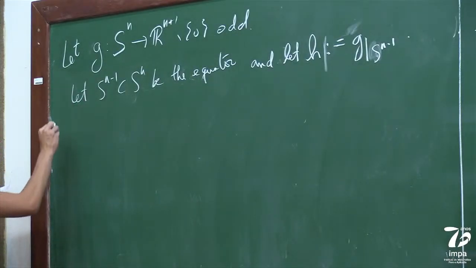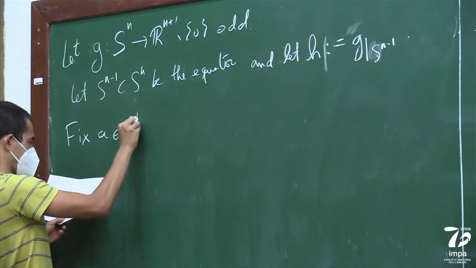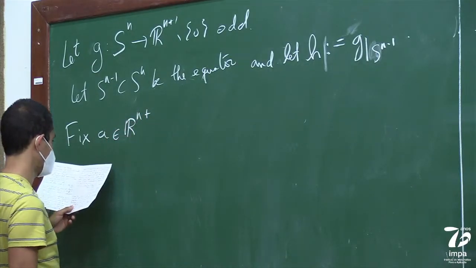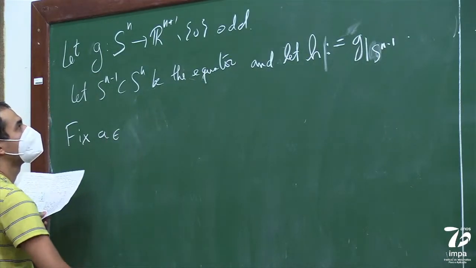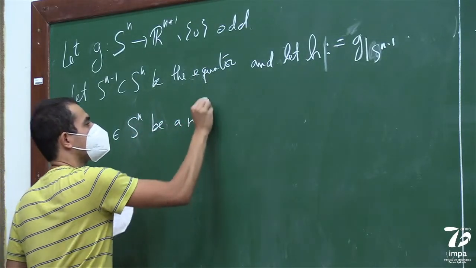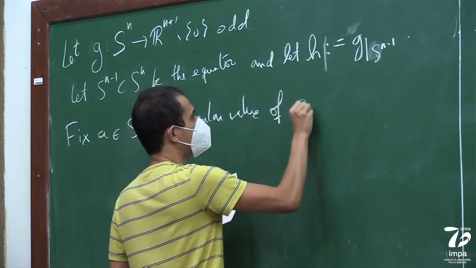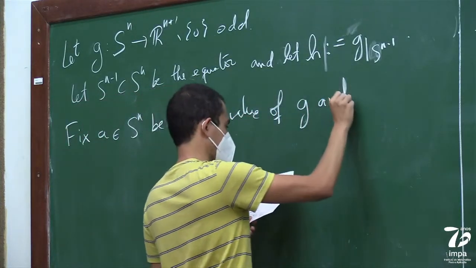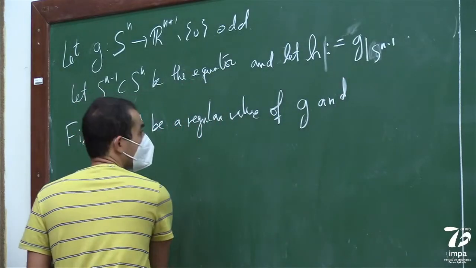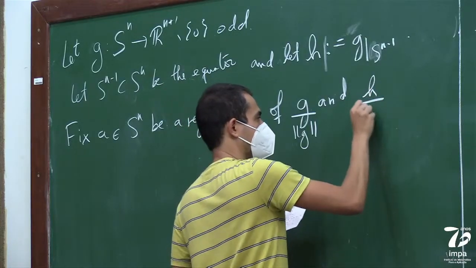Okay, so now fix a regular value. So let a in Rn plus 1, in Sn, be a regular value of both g and h, or g over norm of g and h over norm of h.